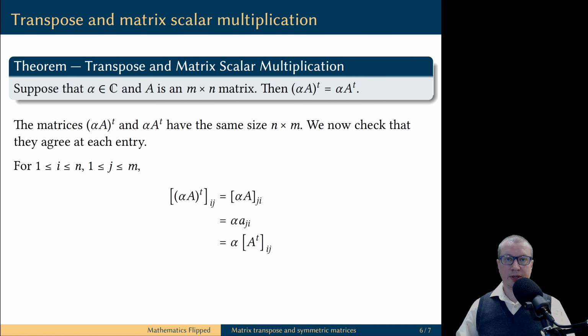The entry in position ji of the matrix A is equal to the entry in position ij of the matrix A transpose. Finally, we use the definition of scalar multiplication. This verifies that the two matrices have identical entries and therefore they are equal as matrices.